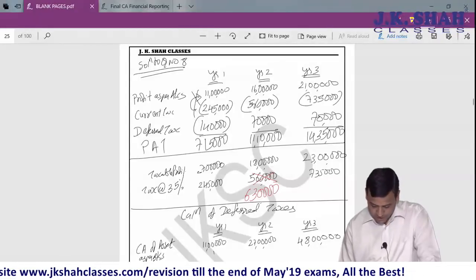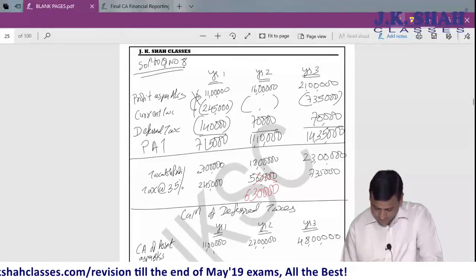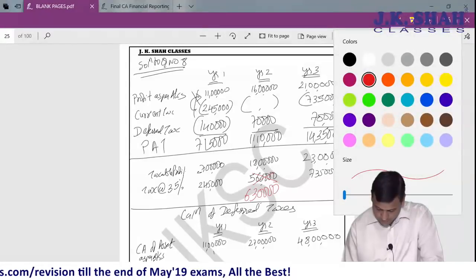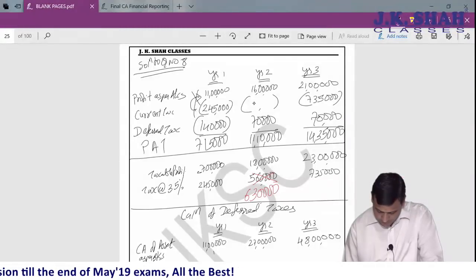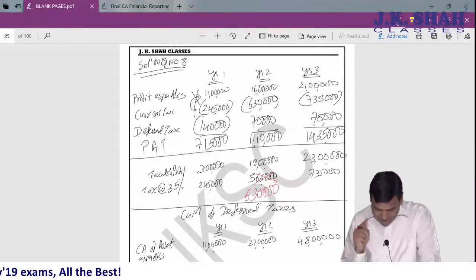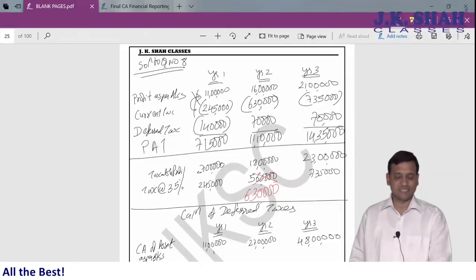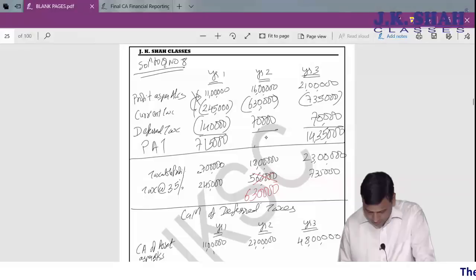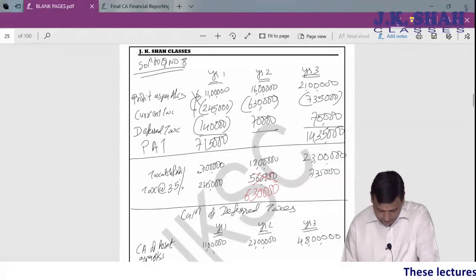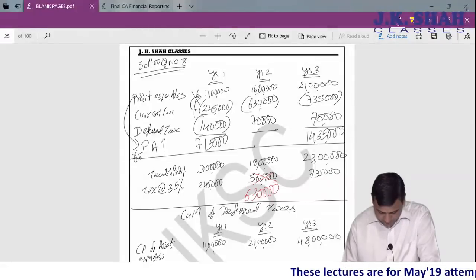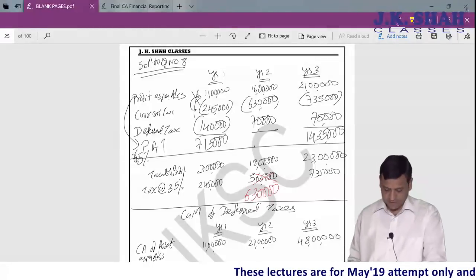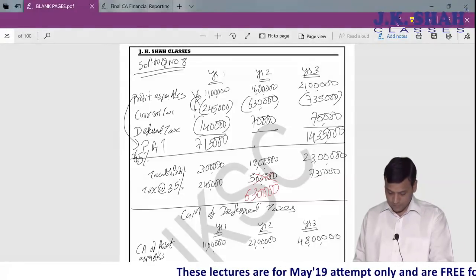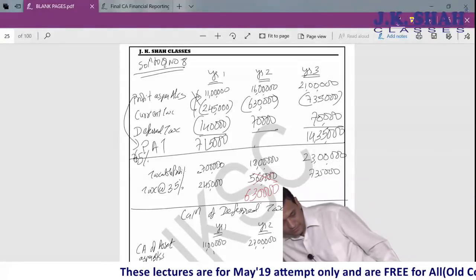Okay, I'll give you another way to check out your answers. See, ऊपर 16 lakhs है ना, उसका 65% करो, नीचे सेम रहना चाहिए. That is nothing but that matching will happen. This has to be 65%. 11 lakh का 65% करो. You get that answer, then it is correct.